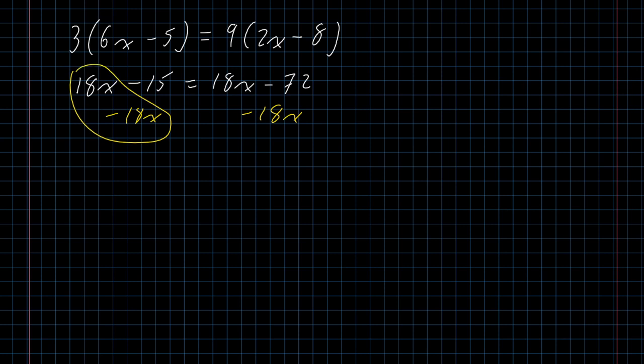That's 0, leaving behind minus 15. I've also got 18x minus 18x on the right-hand side. That's also 0. It leaves behind negative 72. I hope that it immediately jumps out to you that negative 15 and negative 72 are not the same number.